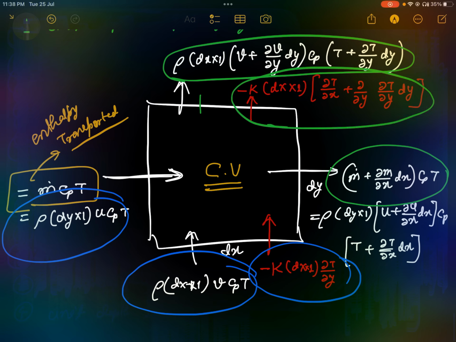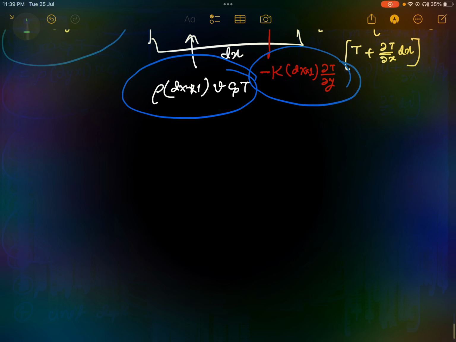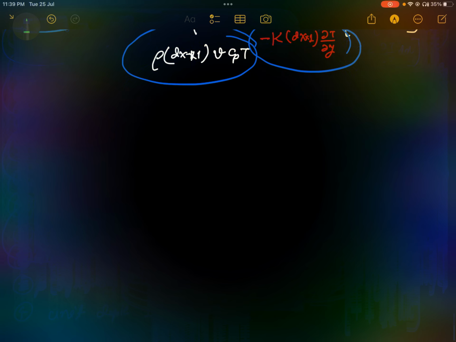These heats are balanced. So if we compare the heats or the energy transported, then we'll get the final energy equation.